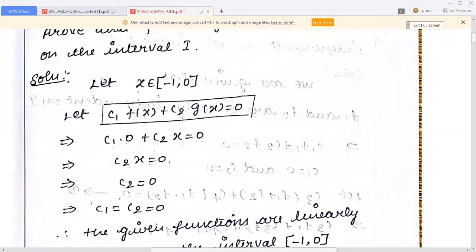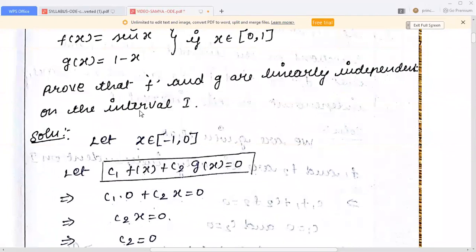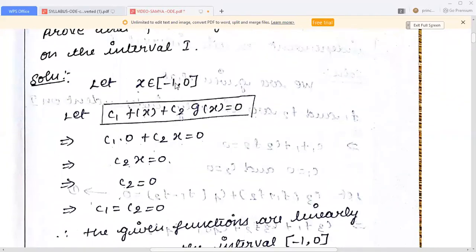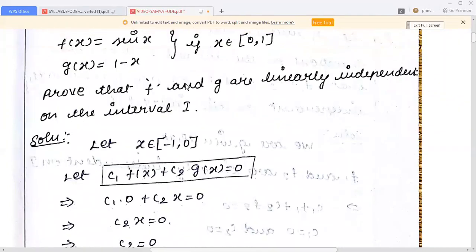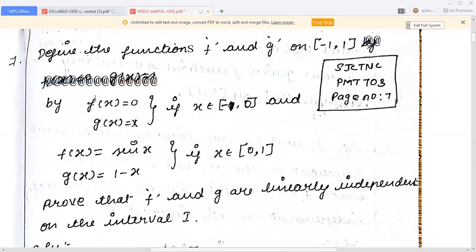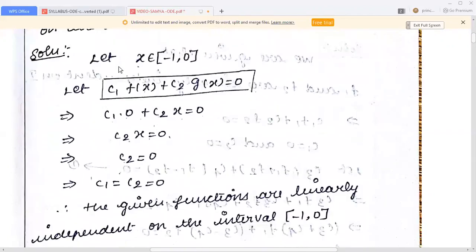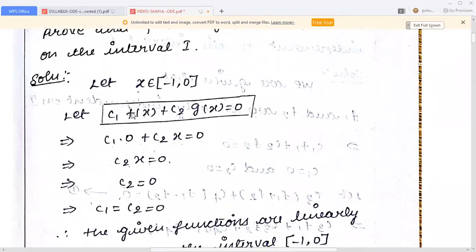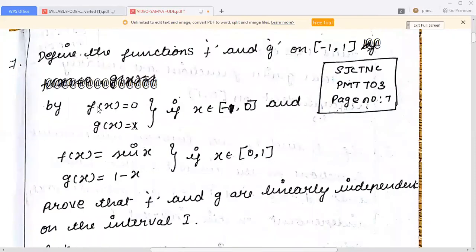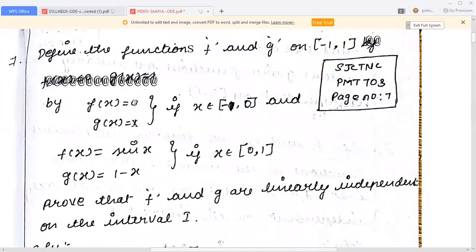Now we write the solution. Let x belongs to the closed interval minus 1 comma 0. In this interval, the functions are defined by f of x equal to 0 and g of x equal to x. So that can be substituted here. So we take the linear combination. Let c1 into f of x plus c2 into g of x equal to 0. In this interval minus 1 comma 0, f of x value is 0 and g of x value is x.